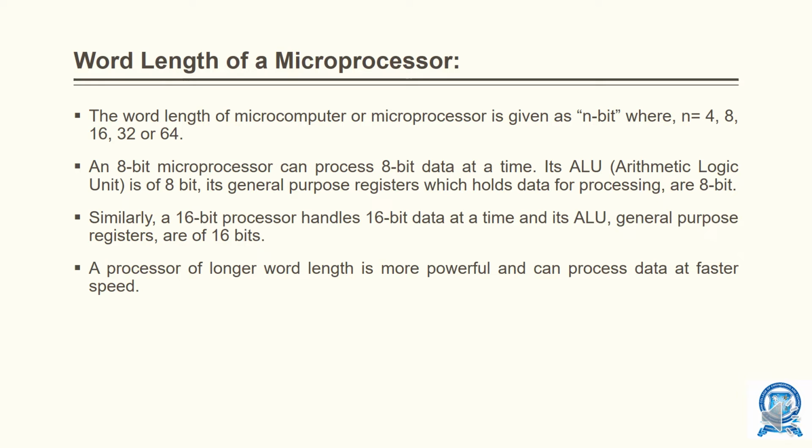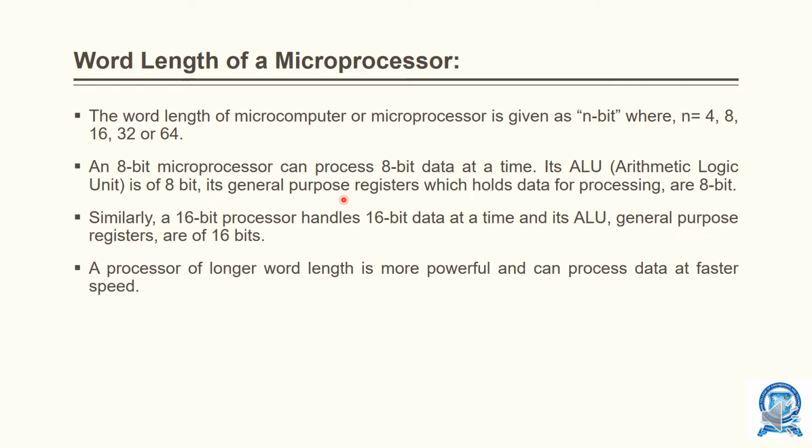So again and again I am repeating the word length of the processor. The word length of a microprocessor or a computer is given as n bits, where n is 4, 8, 16, 32 or 64. An 8-bit microprocessor can process 8-bit data at a time. Its ALU is 8-bit.